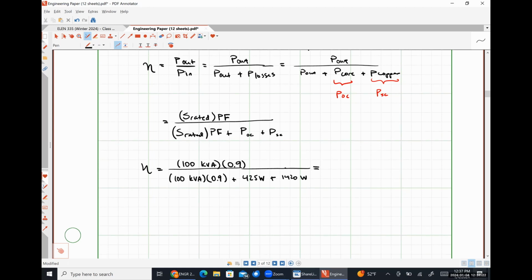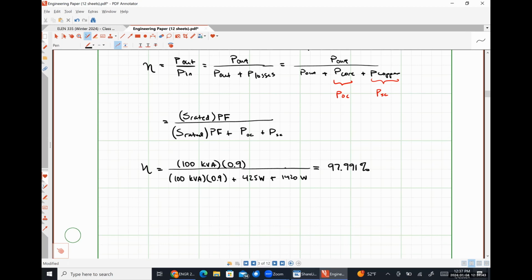And this comes out to be about 97.991%. So practical transformers are actually very highly efficient. They're designed to be. All right, so that's the last new material that I wanted to talk about.